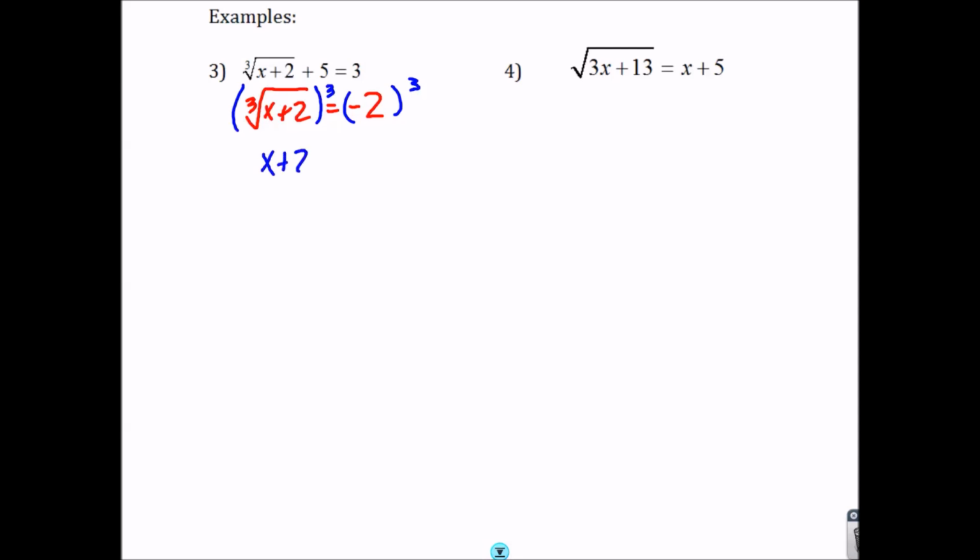So I end up with x plus 2 equals -8. Then I subtract 2 from both sides and end up with x equals -10.